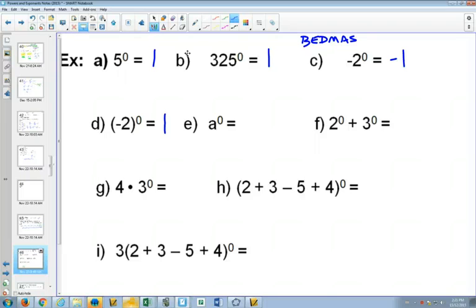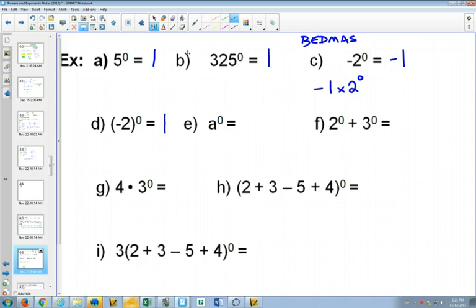So according to BEDMAS, okay, pay attention because you will make this mistake on a test. According to BEDMAS, this is negative 2 to the 0, which is like negative 1 times 2 to the 0. A negative in front of a number is like negative 1 times that number.